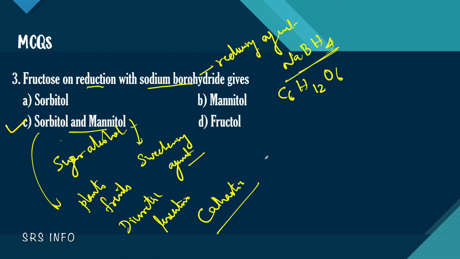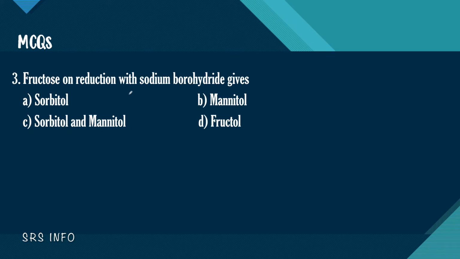Okay, we relieve ourselves, we feel that we are free if we share our feelings with some close person. This psychological relief after open expression of our feelings is called cathartic, and those drugs which promote or provide these feelings are called cathartic drugs. And sorbitol has such a property of cathartic promoting activity. Clear? So fructose on reduction with sodium borohydride gives sorbitol and mannitol.